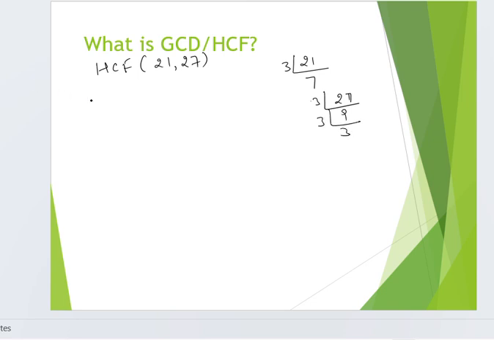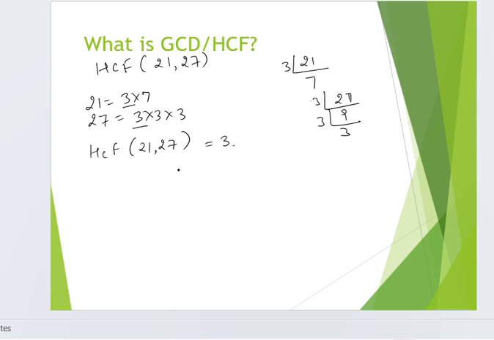So we can say 21 can be written as 3 into 7, while 27 can be written as 3 into 3 into 3. We take the common factor, so only 3 is common. So HCF of 21 and 27 is 3.